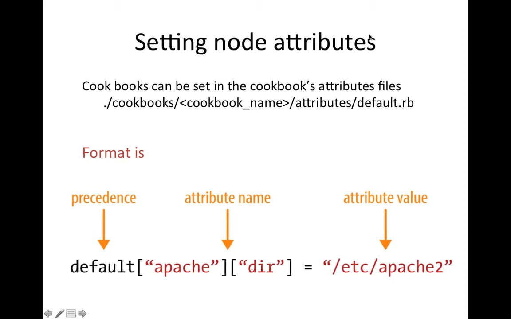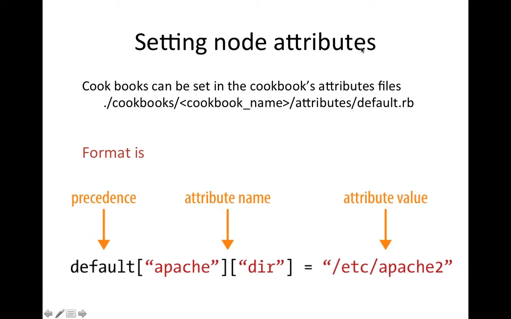After that, the attribute name. Just like we have seen, our attribute name was earlier host name, and we used kernel and name. Similarly, we can set attributes: default, Apache dir, and then equal to an attribute value we have to define.